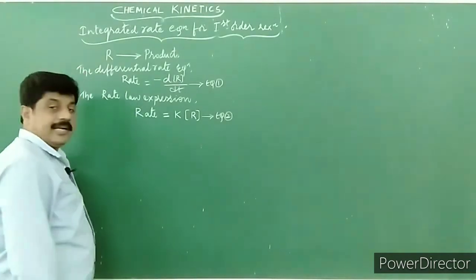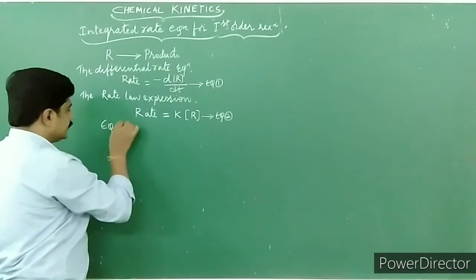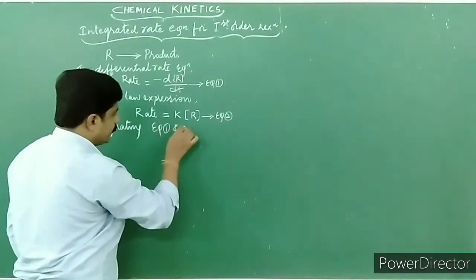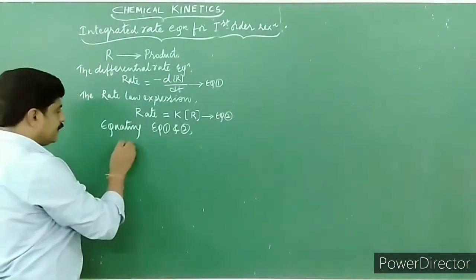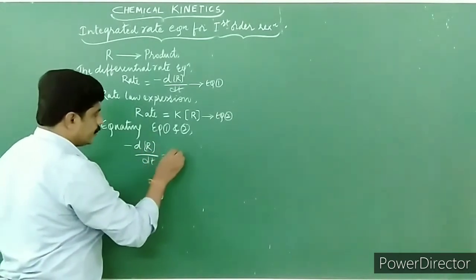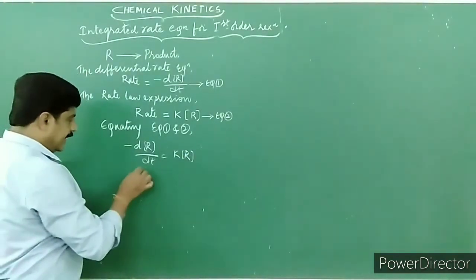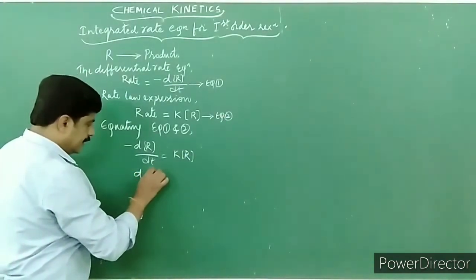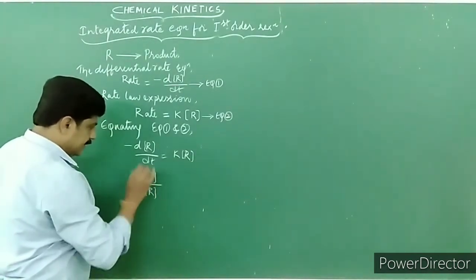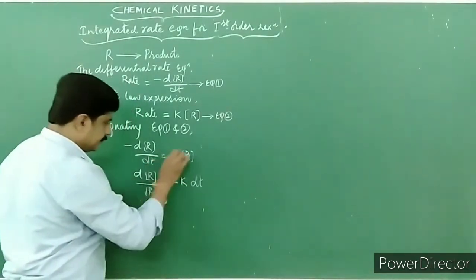Children, let me equate equation 1 with equation 2. So equating equation 1 and 2, children, let me write, look at here, minus dR upon dt is equal to k into concentration of reactants. I'll reshuffle the equation. Look at it, children. dR upon R, I'll bring this side, is equal to minus k into dt.